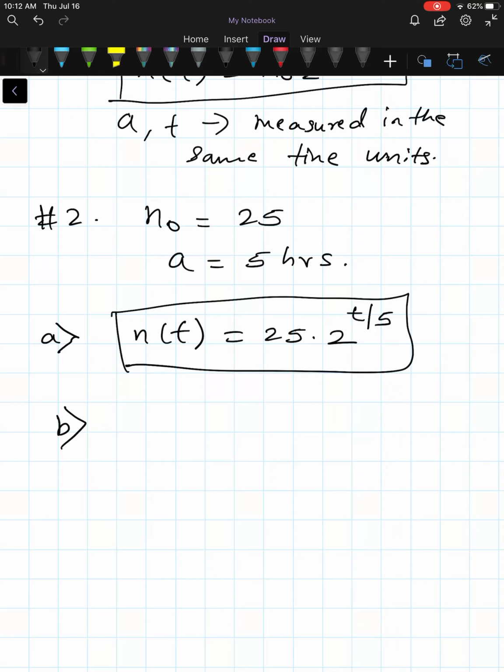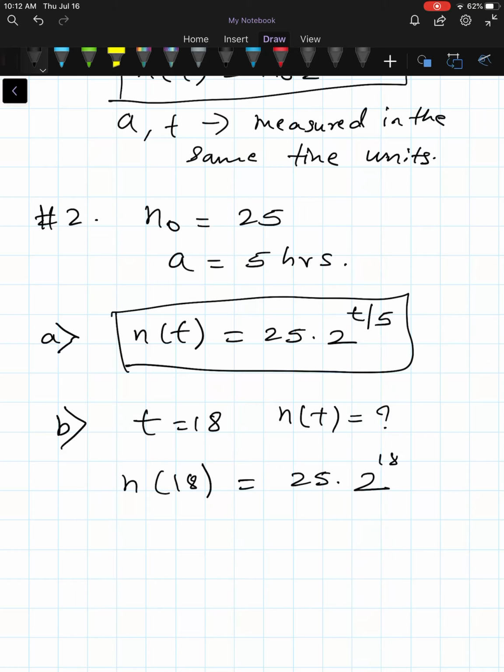So we have to calculate N of 18, which is 25 times 2 to the power of 18 divided by 5.